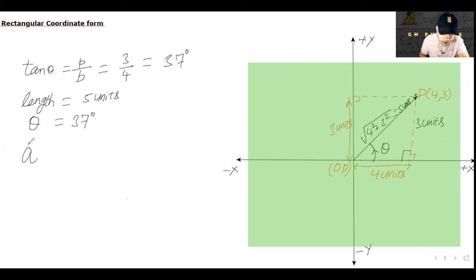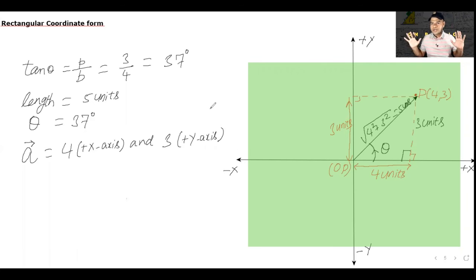So A vector is equal to 4 units along the positive x-axis, and 3 units along the positive y-axis, right?